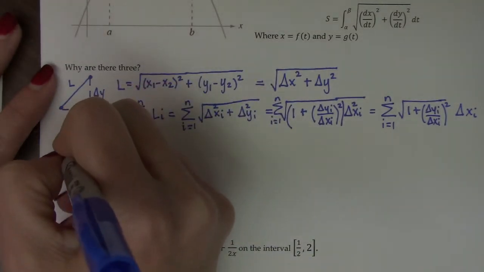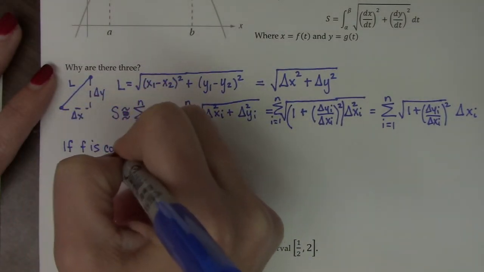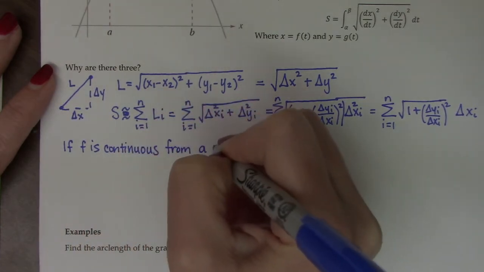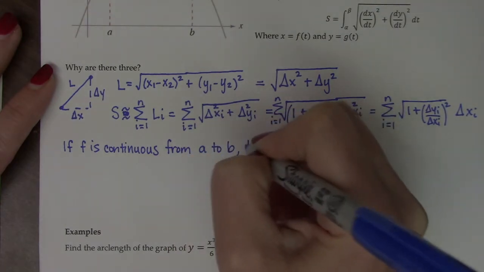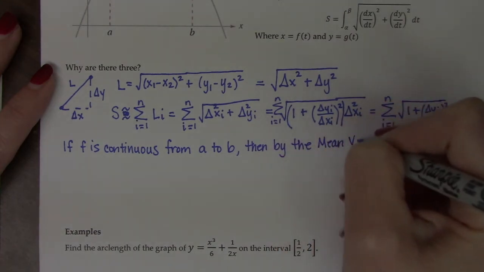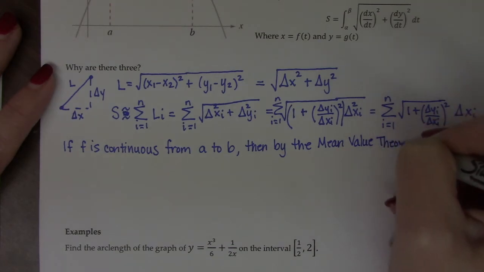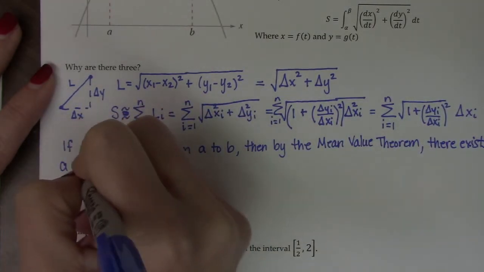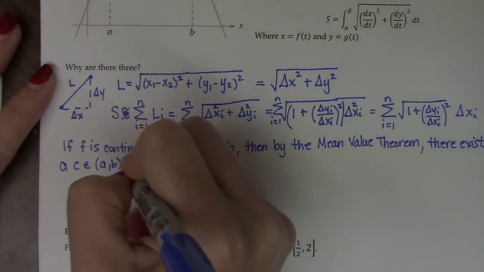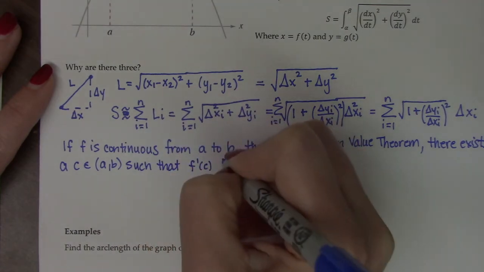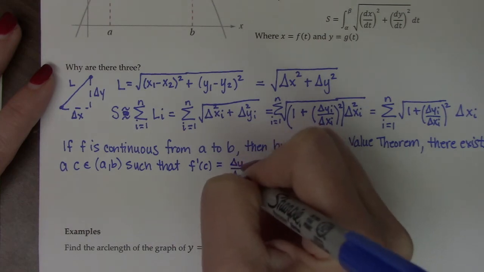So if f is continuous from A to B, then by the mean value theorem, which you learned in Calc 1, there exists some value C that's between A and B such that f prime of C equals delta y over delta x.